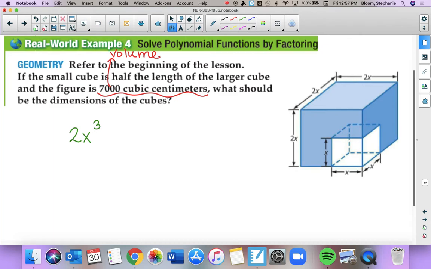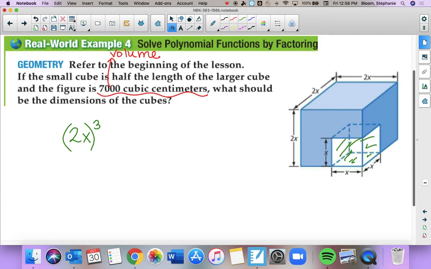Not quite. Do you mean like that, 2x cubed? What's the problem with that right there? I didn't multiply the 2, right? So I have to say I want to take the length, the width, and the height. And again, I'm just trying to figure out this part right here, all of this.